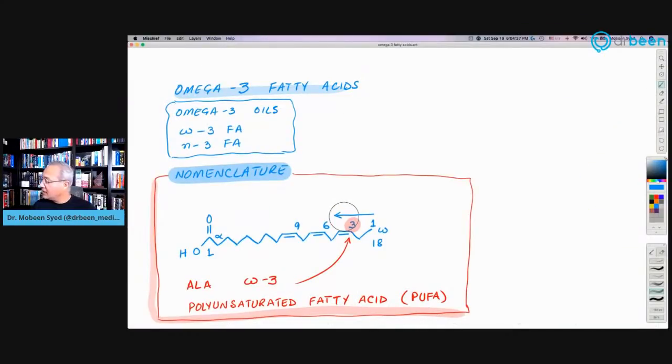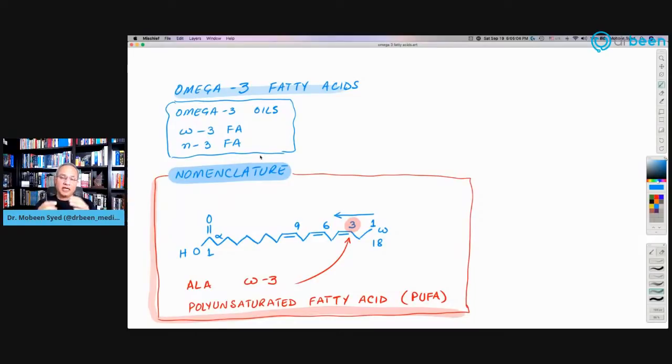First of all, these are fatty acids, so these are fats. The omega-3 fatty acids are also called omega-3 oils, or omega-3 FA, or n-3 FA, with FA standing for fatty acids. So these are different names, and there are various types of these as well.